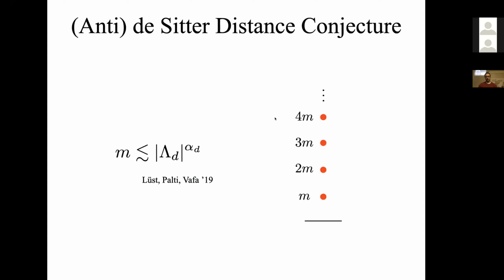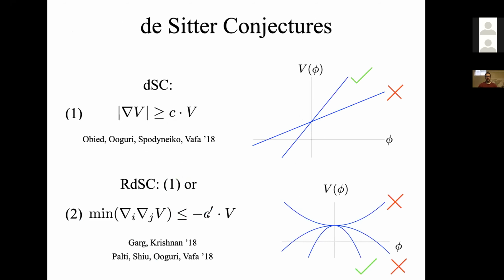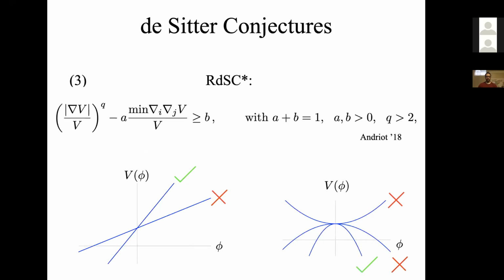What this conjecture says is that when you have some AdS, or perhaps some dS vacuum with cosmological constant lambda, there should be a tower of states in the theory with a mass scale which is set by the cosmological constant to some power alpha. And this alpha, like the parameters C and C prime here, are order 1 constants to be determined later.